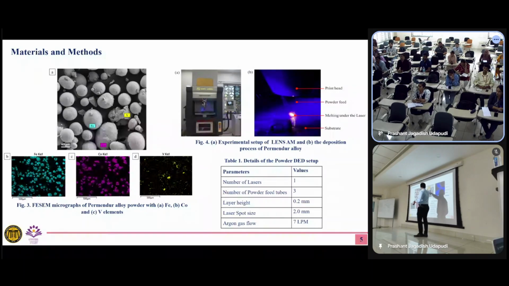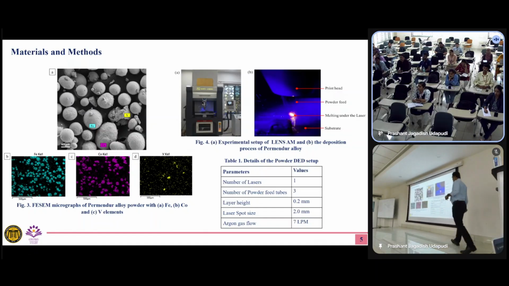Okay, you have seen this, right? First, we had to make a material of the right composition, because these are three different powders. So we used these powders and made a permendur magnetic, ferromagnetic material.